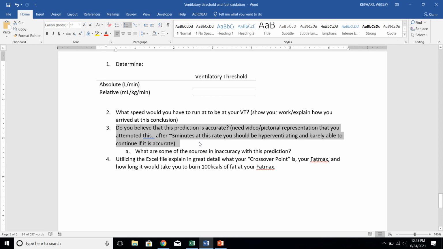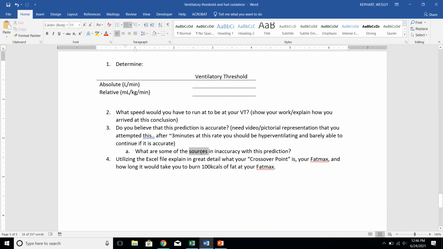And again, how you're going to be able to assess that is if you can complete that miles per hour easily in 3 minutes, it's under predicting, so it's inaccurate. If you're able to do it but you're still breathing really hard, it's probably spot on. And if you can't complete it and you're breathing just super crazy hard, then it's not right.